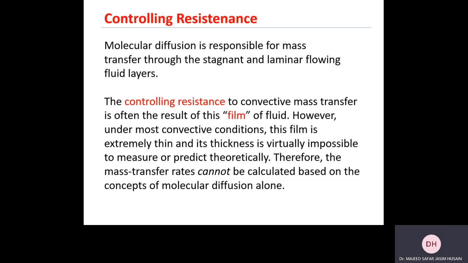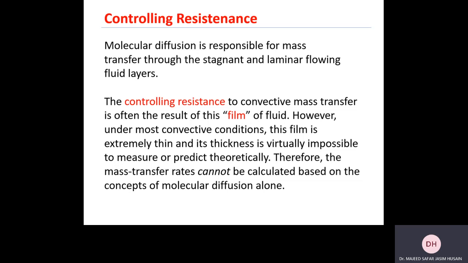And this is what we said in chapter 1: if it is stagnant, not moving, laminar, then the controlling mechanism is molecular diffusion. The controlling resistance to convective mass transfer is often the result of this film of the fluid. Now, we know that there are two types: molecular diffusion and convective mass transfer.